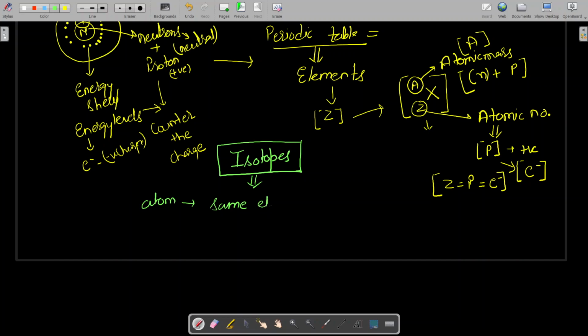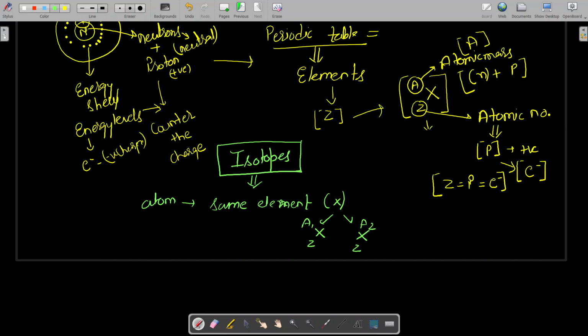For example, X. They have the same atomic number, मतलब number of X are there and they have the same atomic number but different atomic mass. So these are the isotopes.